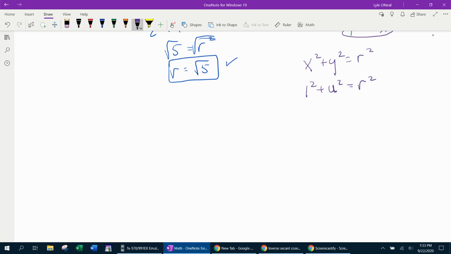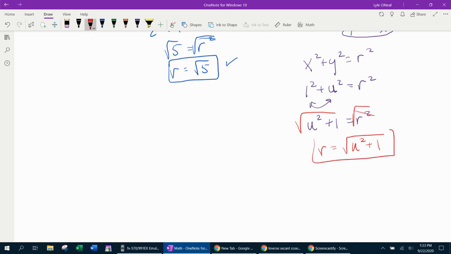And 1 squared plus u squared, if I switch those around just because I feel like it, is the same as u squared plus 1. And then if I take the square root of both sides to get rid of the squared, I'm going to have r is the square root of u squared plus 1.